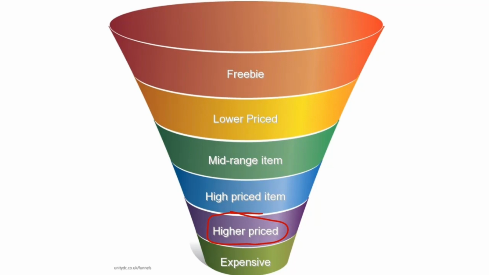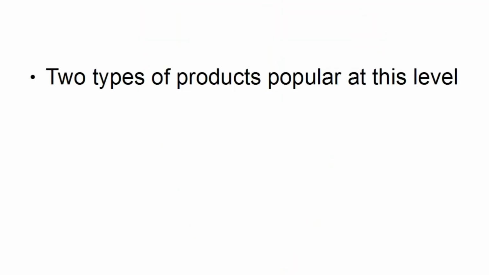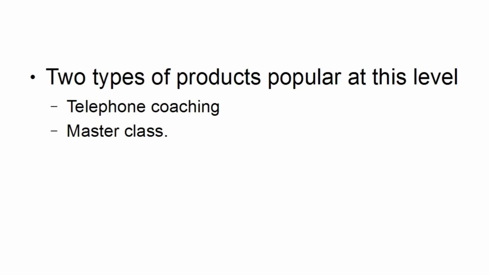So people have downloaded your freebie, they've bought your lower priced, mid-priced, and high-priced items, and now you're going to offer them something that's quite expensive, but is very, very good quality. And two types of products are popular at this level. One is telephone coaching, and the other is a masterclass.